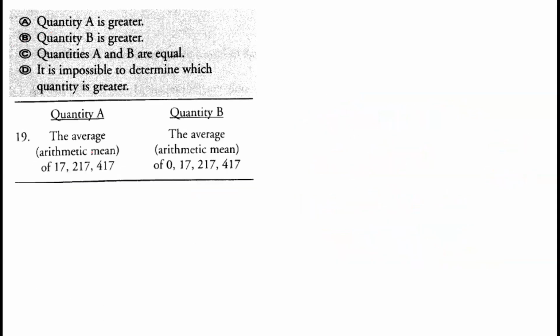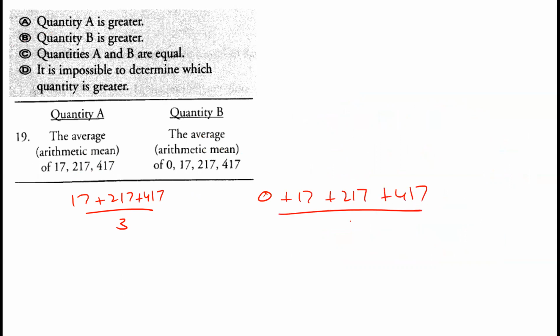Now the average arithmetic mean for 17 plus 217 plus 417 divided by 3, and the average arithmetic mean for 0 plus 17 plus 217 plus 417 divided by 4. The numerator in both cases remains the same, and because we have a 0 over here, this 0 will actually pull down the average, because now we are dividing by 4.